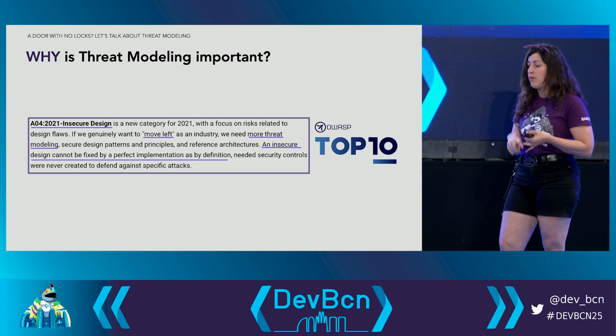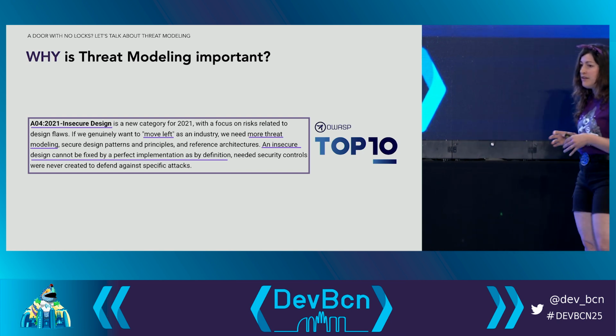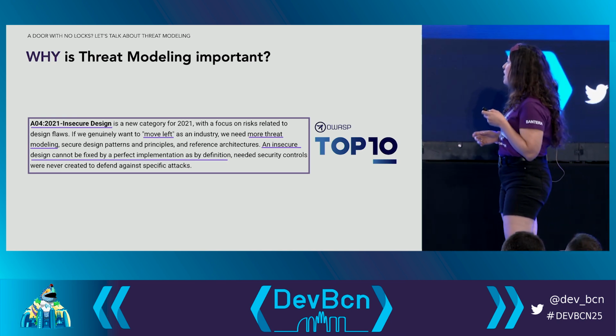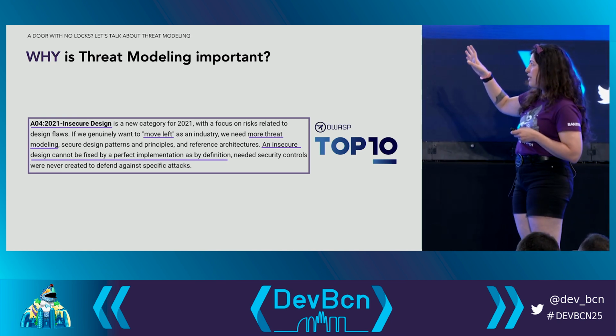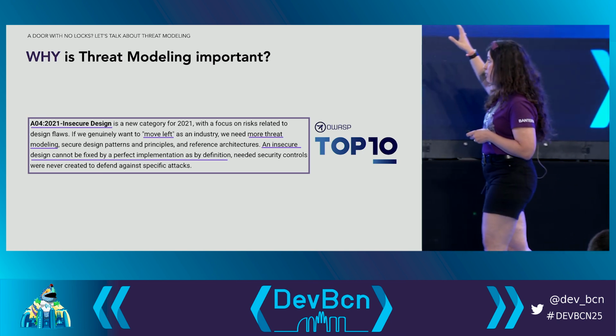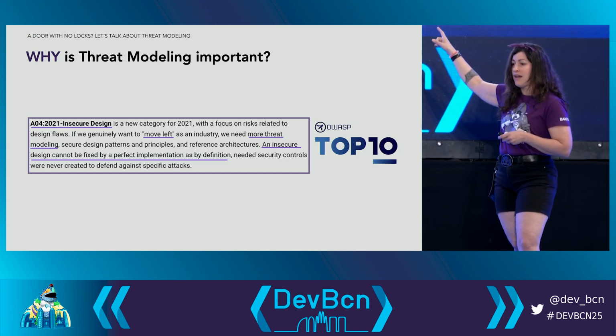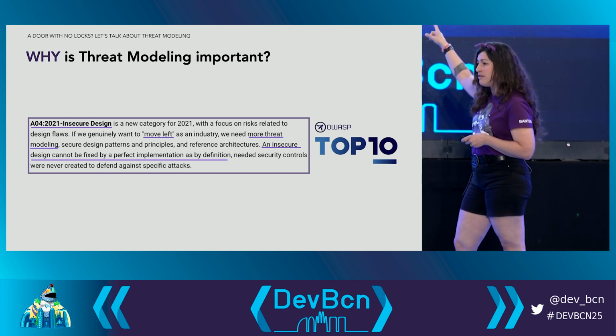Whether you do mobile, web, APIs, GenAI, whatever, you will find a really good resource there. So this Top 10 from 2021 is going to be updated sometime during this year, hopefully. Number 4 in the list is insecure design. This is the main reason why incidents occur.